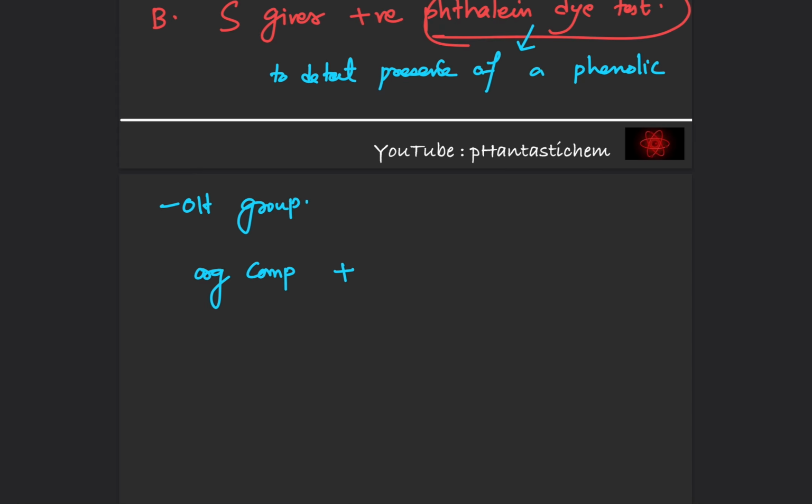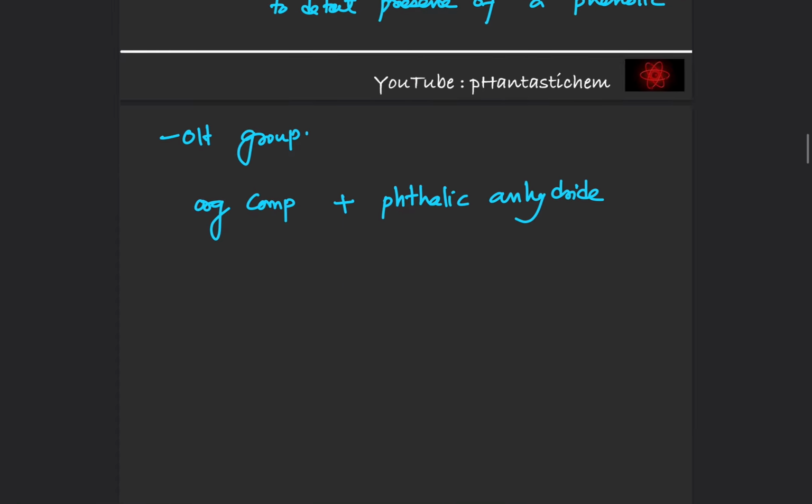with phthalic anhydride. So phthalic anhydride looks something like this. Okay, in presence of some amount of acid to form a colorful phthalein dye.